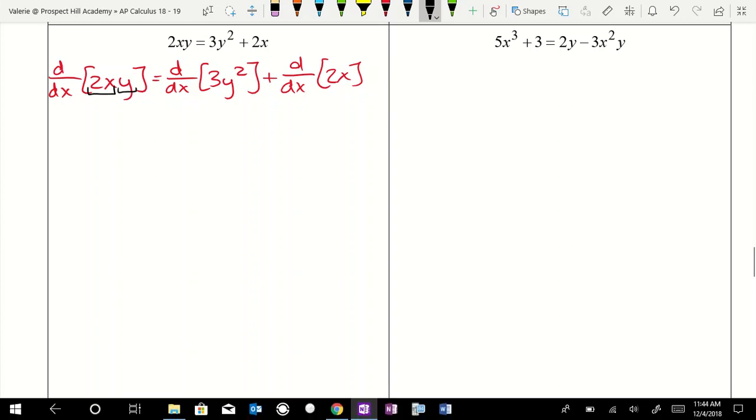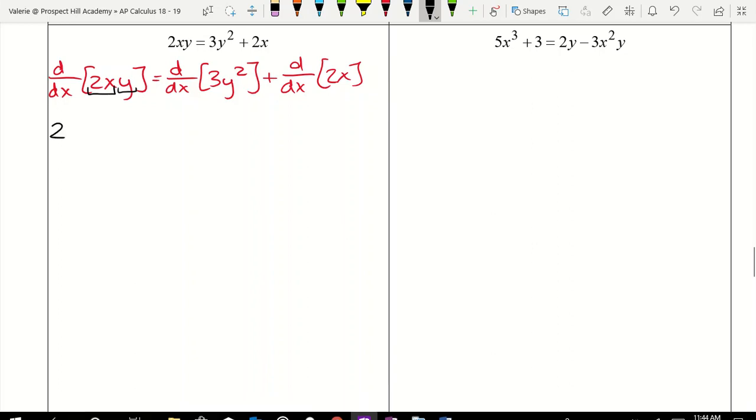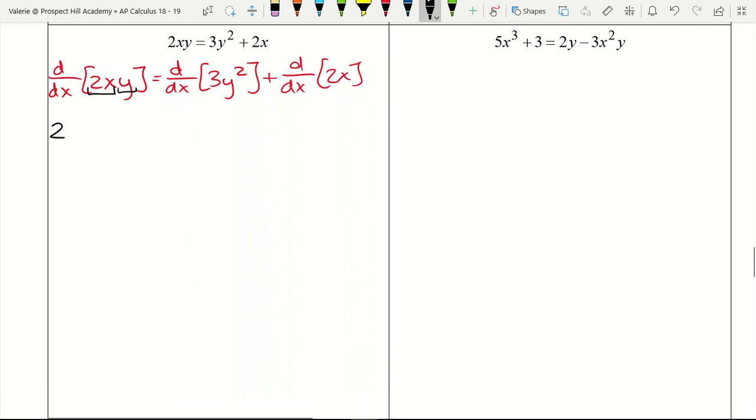So if you remember product rule, you know that we're going to need the derivative of the first term, which we know is 2, right? The derivative of 2x is 2, times the second term, which is y, plus the first term, which is 2x, times the derivative of the second term.